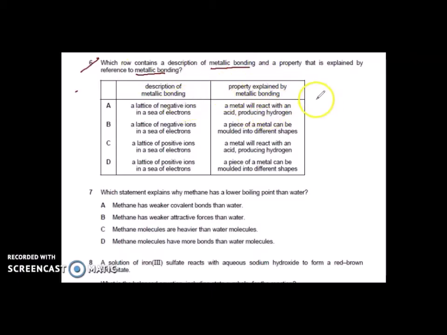Metallic bonding is positive ions, and you have a sea of electrons around them. So a lattice of negative ions is wrong, so it should be either C or D. Now we check the properties.